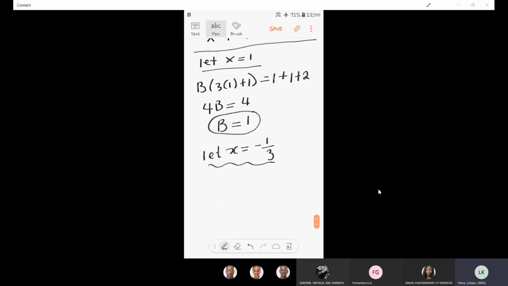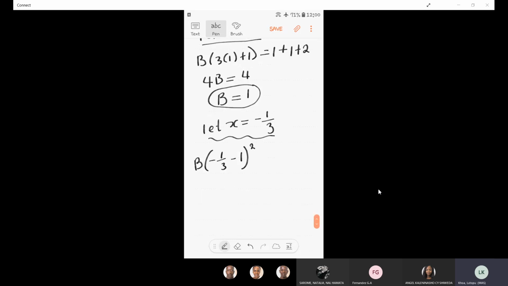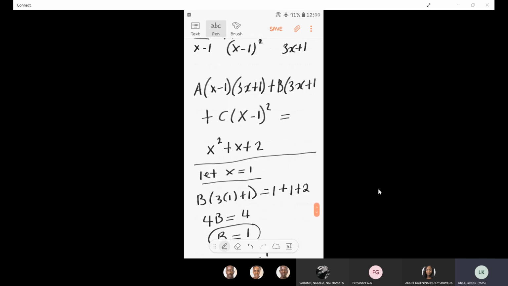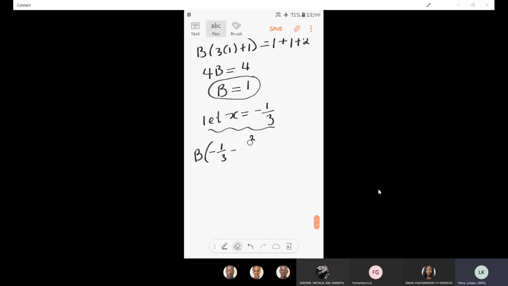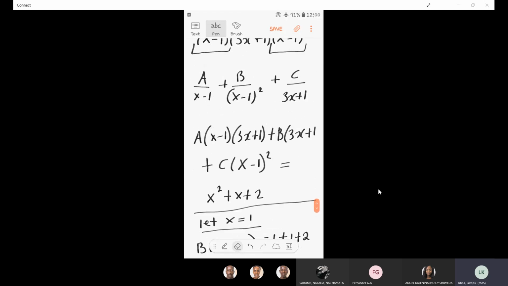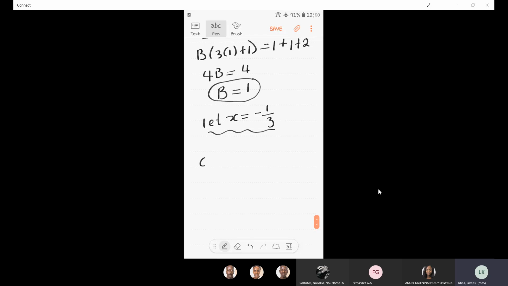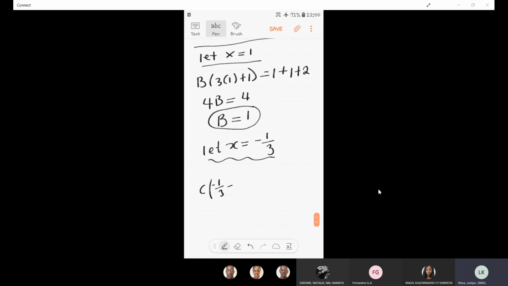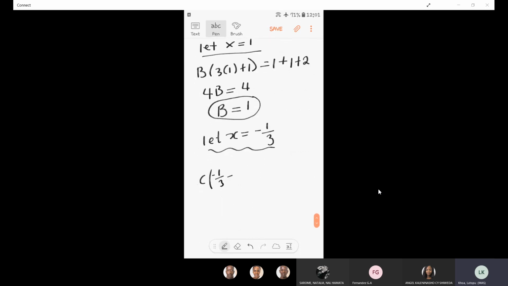Okay, and then when x is equal to negative 1/3, what I have is C times (negative 1/3 minus 1) squared.